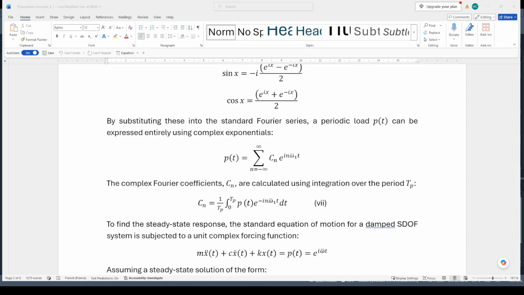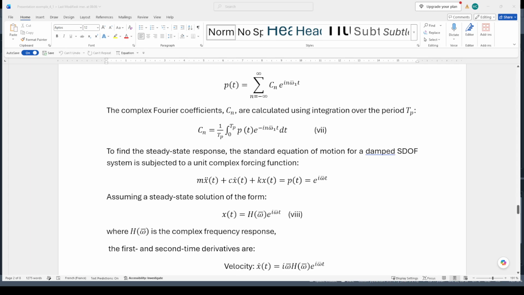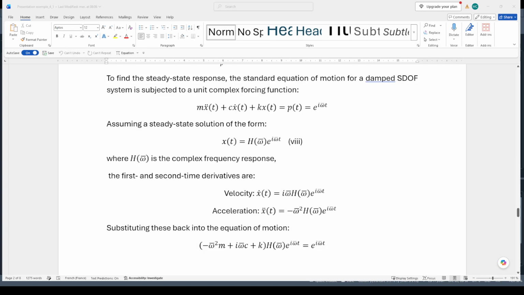The complex Fourier coefficients Cn are calculated using integration over a period Tp. So Cn is equal to 1 divided by Tp times the integral of this equation. To find the steady state response, the standard equation of motion for a damped SDOF system is subjected to a unit complex load.